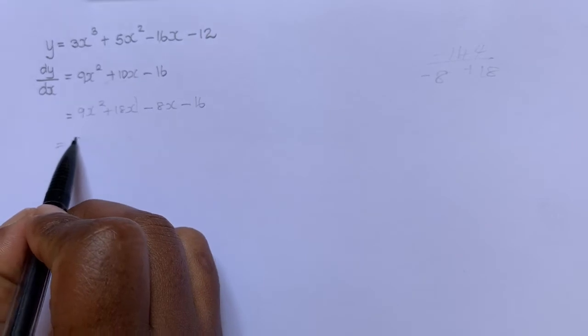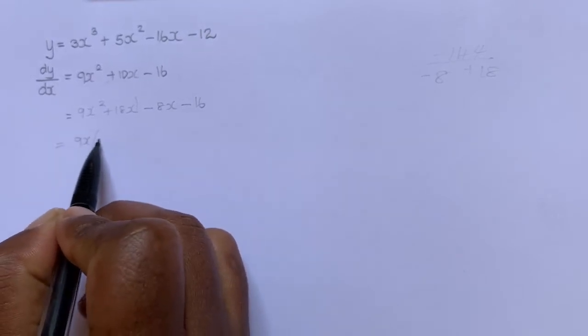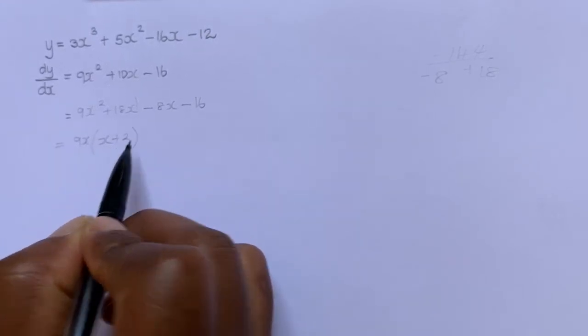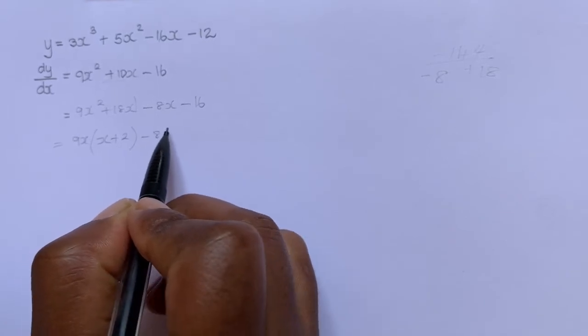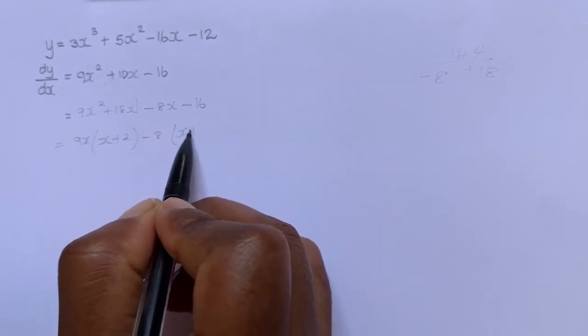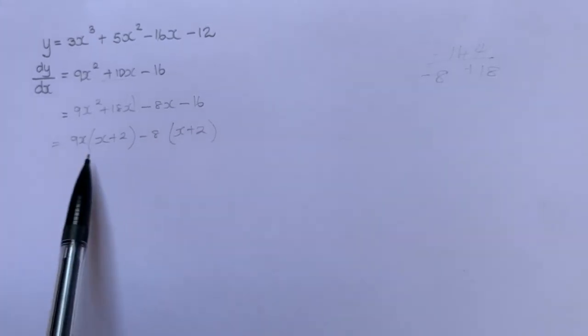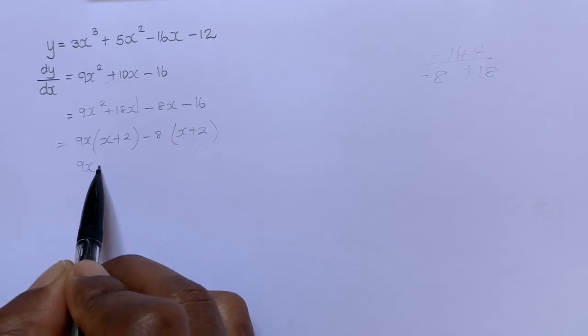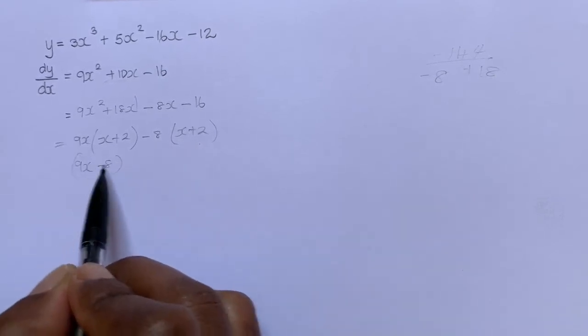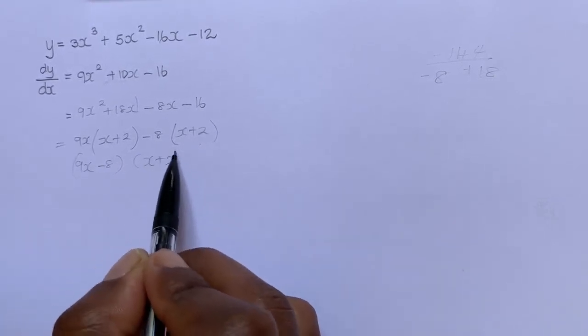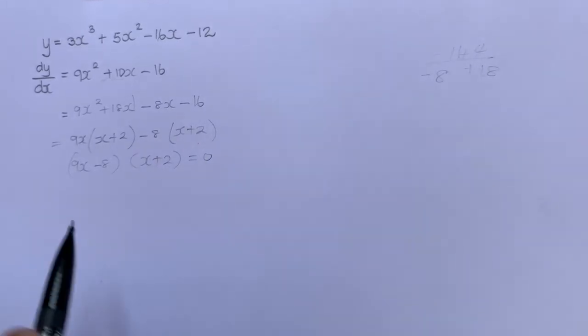Separate, factor out the 9x, which will be common, to be left with x plus 2. And we have to factor out a -8 on this side to be left with x plus 2 in the bracket once more. So our roots are 9x minus 8 and x plus 2 is equal to 0.